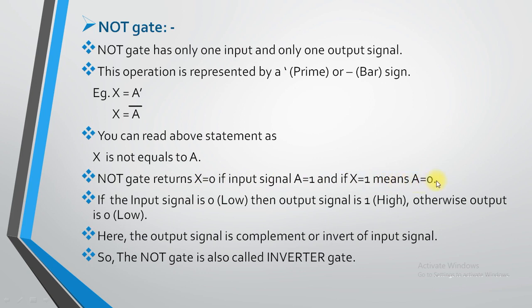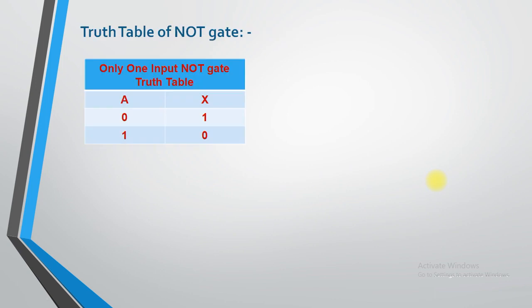See over here, let me show the truth table first. Only two possibilities are there, right? There is one input signal and one output signal, so for one input it is either 0 or 1. When the value of a equals 0, the value of output signal x equals 1.